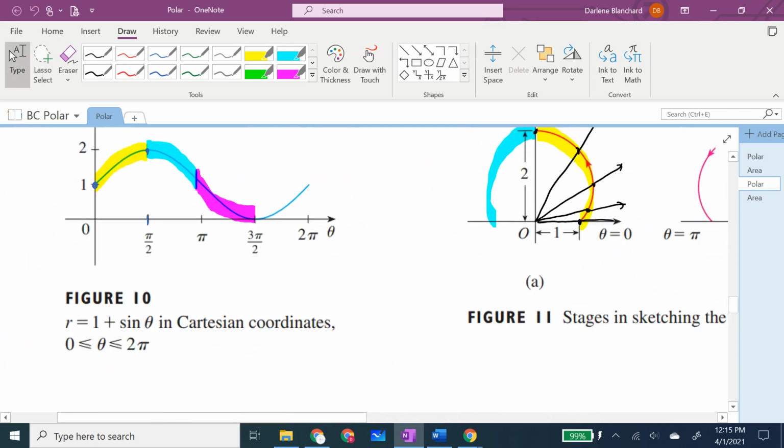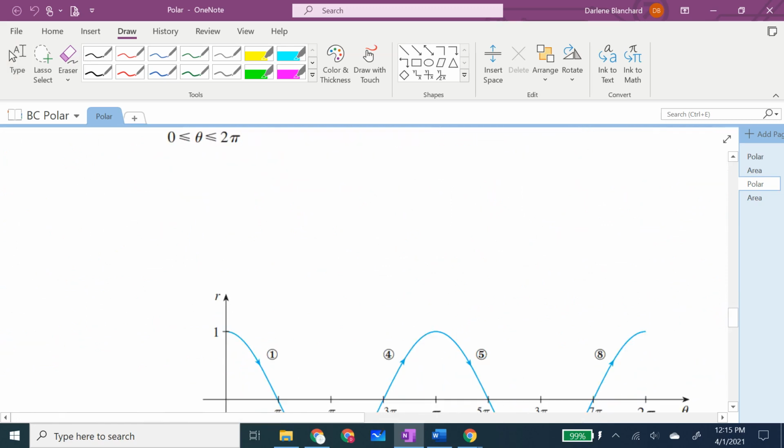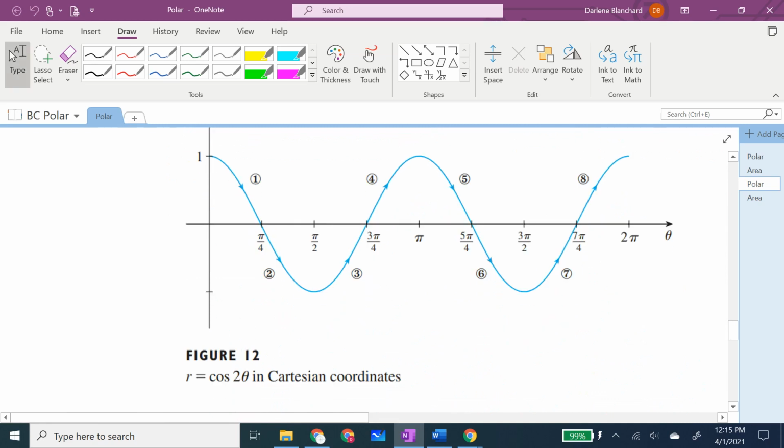now I want to, what am I doing? There we go. r equals cosine 2 theta. If you look at the Cartesian graph, if the input variable is being multiplied by 2, if I'm looking at y equals cosine 2x, you know what cosine looks like, and normally it's 0 to 2 pi.